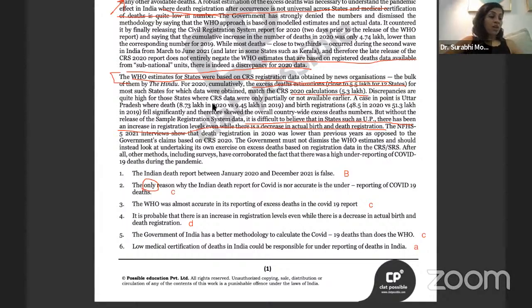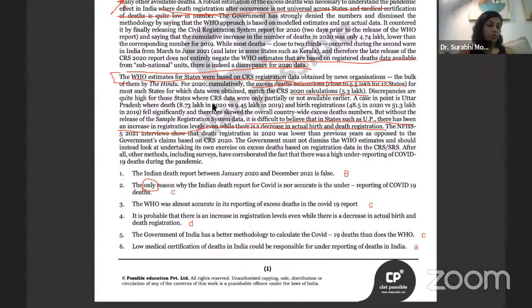So 1 to 6, how many of you have got all correct? Is there anyone who has got all correct? One to six. Is there anyone who has all correct?